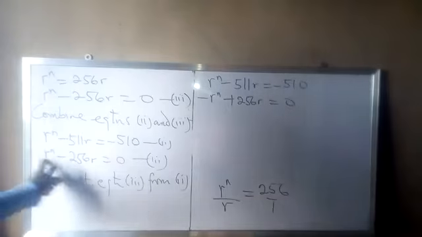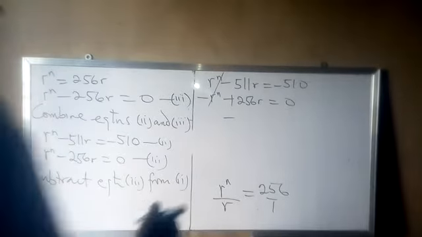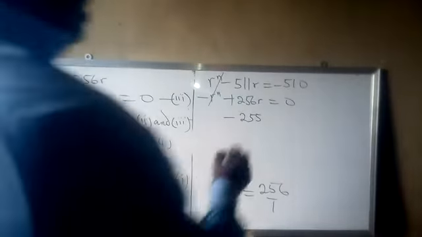When you are subtracting, that is how it should be. The minus sign will multiply through here. So this one cancels this. We have a negative value here, minus 511r plus 256r. So we are subtracting, and that is minus 255r is equal to minus 510.